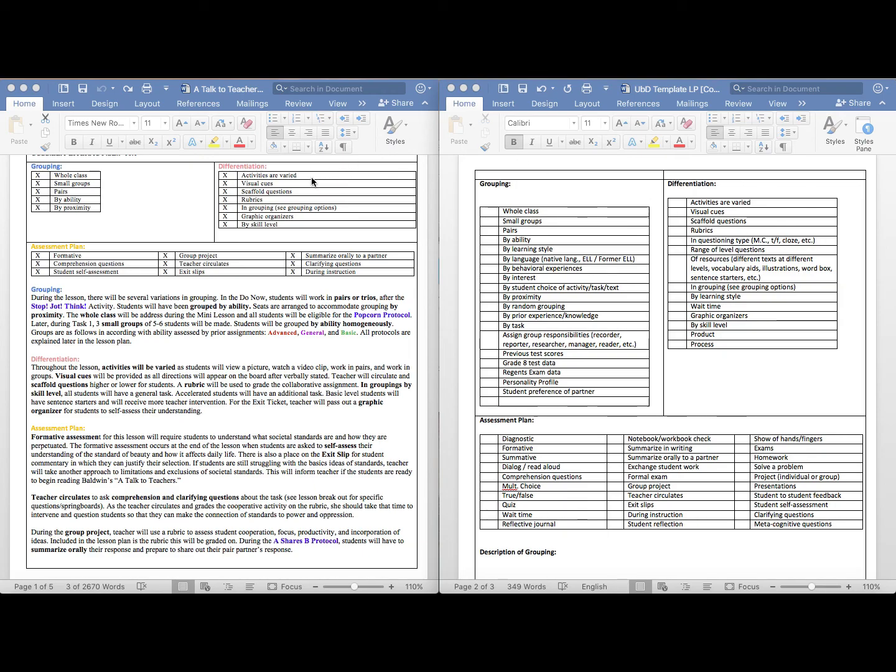Here, this person puts down activities are varied, there's visual clues, there's scaffolded questions, rubrics, there's grouping, which is explained later, graphic organizers, and things are also done by skill level. Just reading this without having read further, that means to me that certain activities are specifically broken down and given to certain students with the certain skills that they are able to achieve.